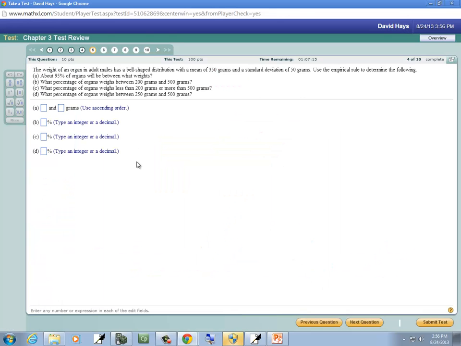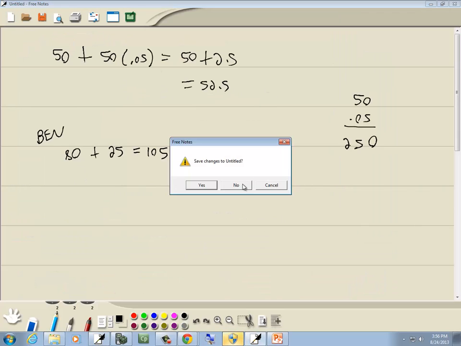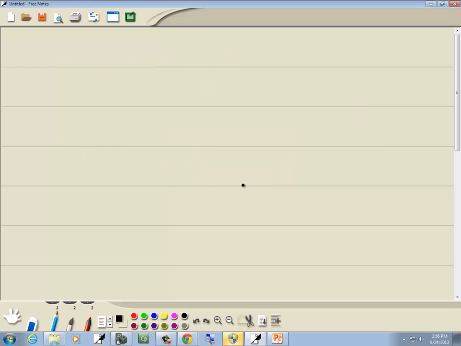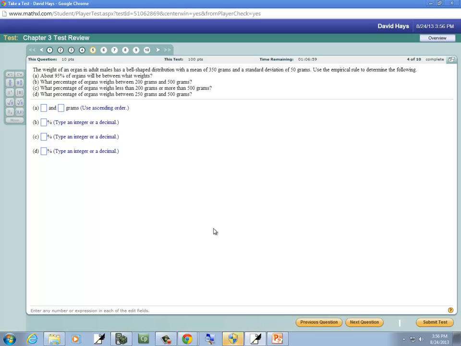So we come back to here, and then I want to bring this up, and we're going to draw a bell-shaped curve. Now exactly in the middle here is going to be our mean. Mean at 350.